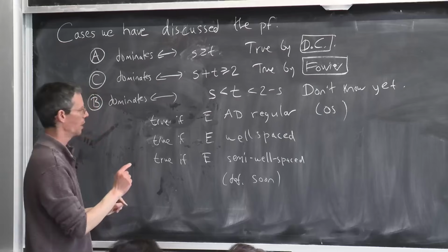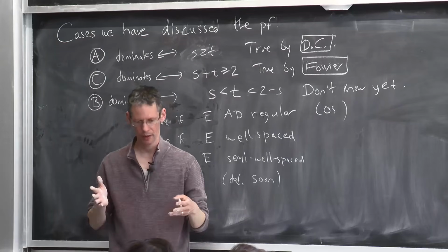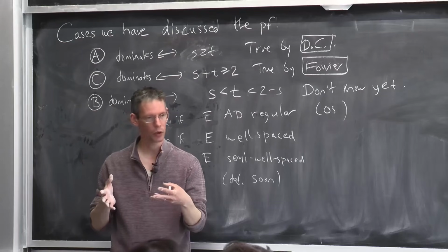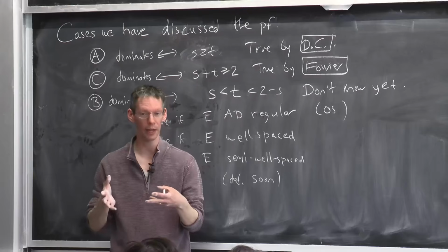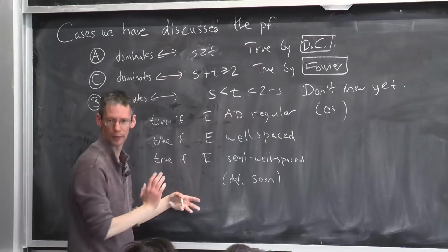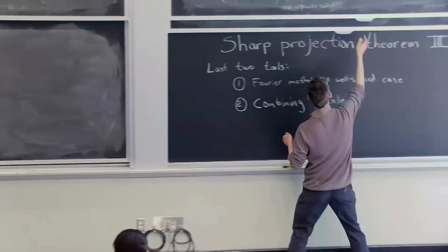We're going to put all these things together by using a multi-scale argument, which is similar to the submultiplicative lemma. That was one of the key things in the AD regular case. So let me remind you of that and draw the important picture again.